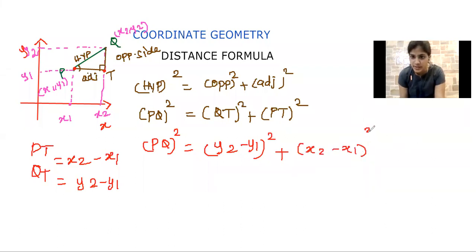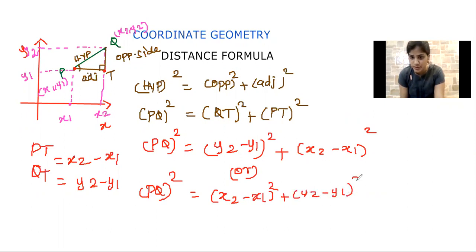And you can write this as PQ square is equal to x2 minus x1 the whole square plus y2 minus y1 the whole square. Addition is commutative, right? You can switch the position. And I need PQ. My aim is to find the distance between P and Q, which is line PQ. I don't need this square. So I'm going to remove the square.